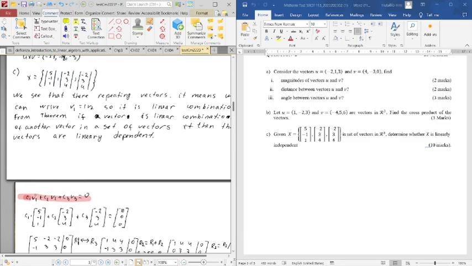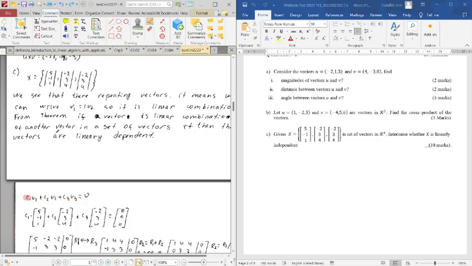So c1 times the first vector plus c2 times the second vector plus c3 times the third vector equals 0. We're going to do it.